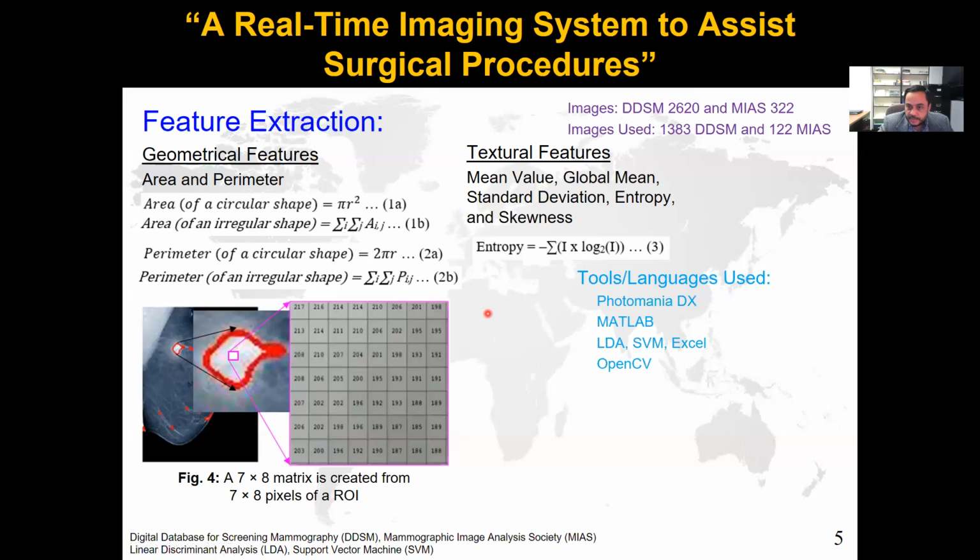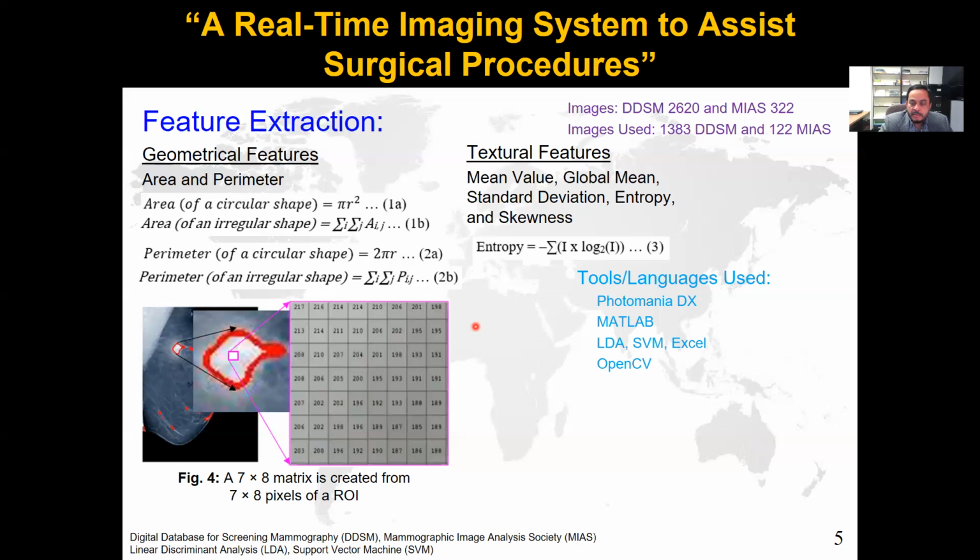Photonomia DX is used to view the images, and MATLAB is used to extract some key features, and LDA and SVM. LDA is for linear discriminant analysis, and SVM is support vector machine. These two methods are used for classifying purposes, and Microsoft Excel is used to do some pre-processing and post-processing.